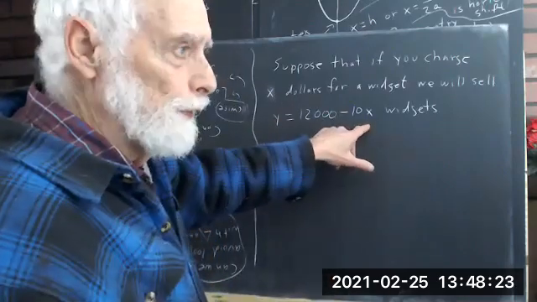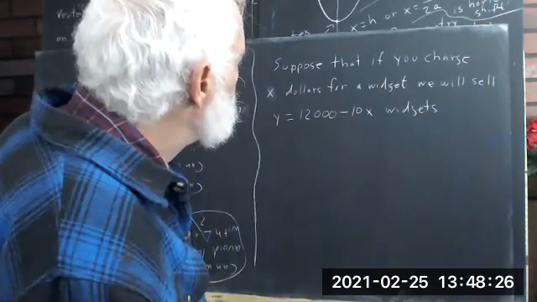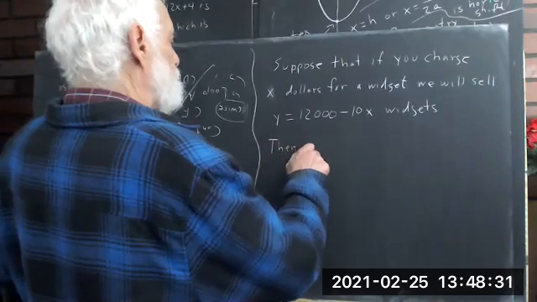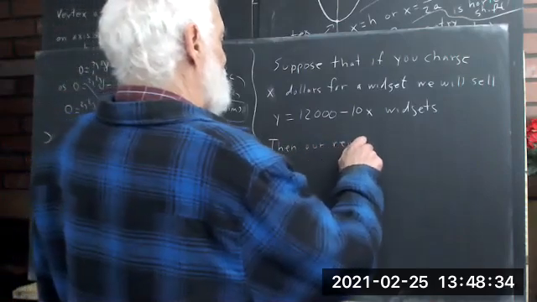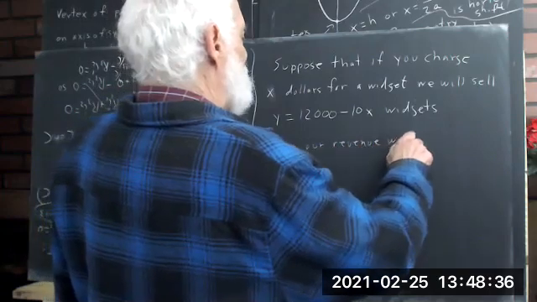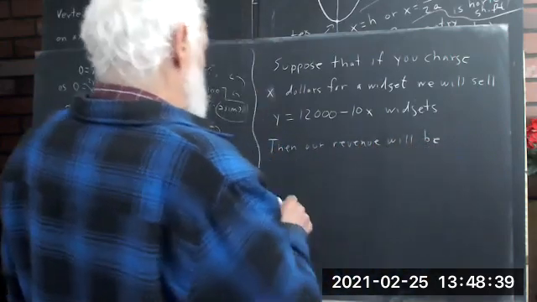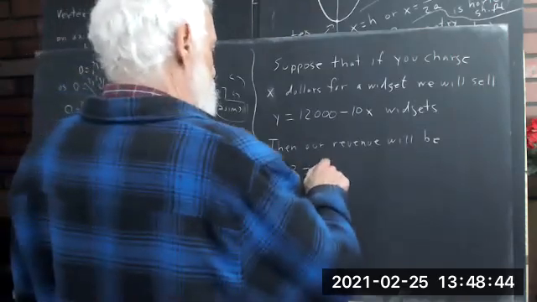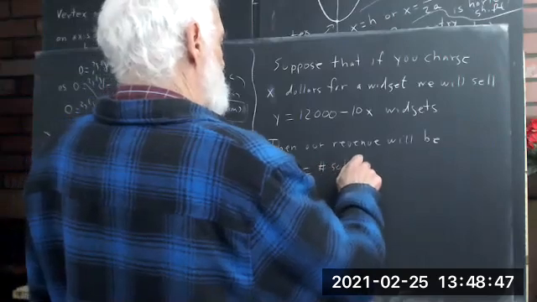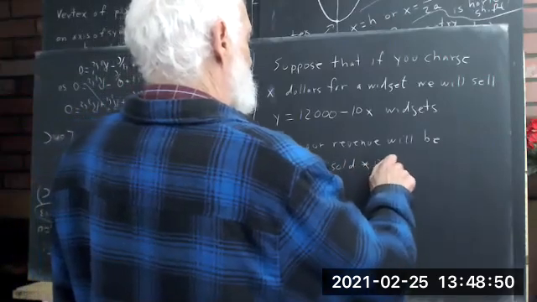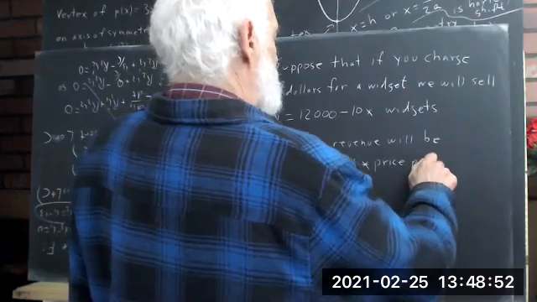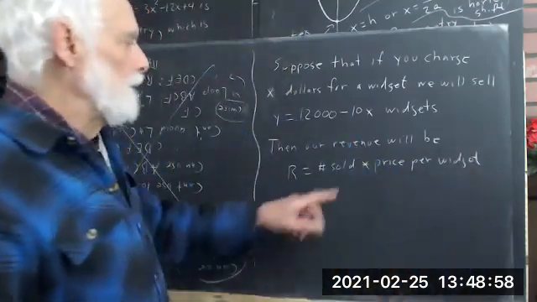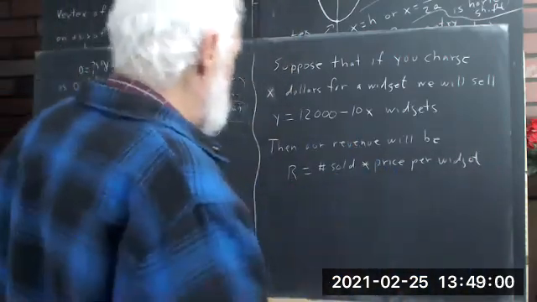So if we sell this many widgets, the revenue is going to be the number sold times the price per widget.